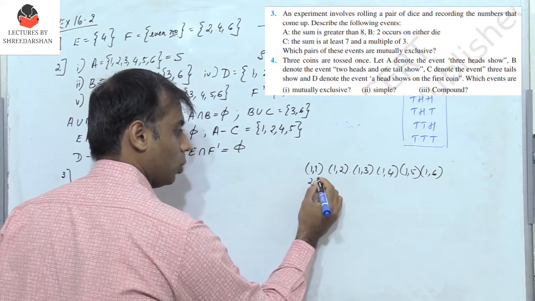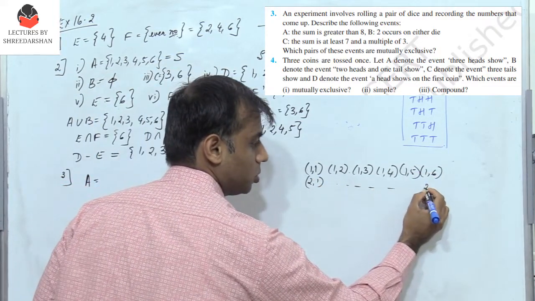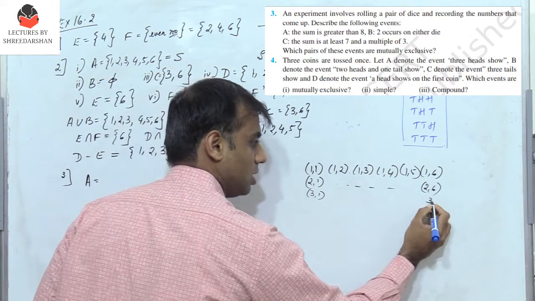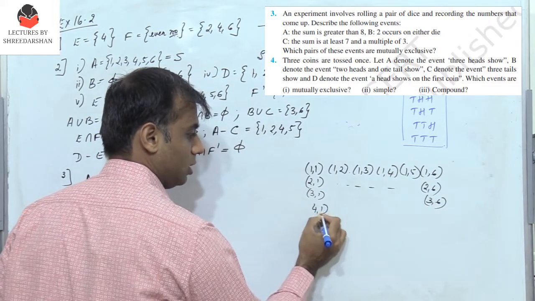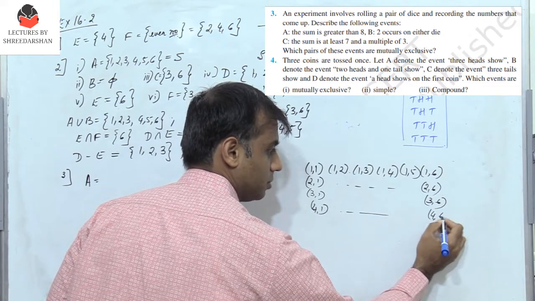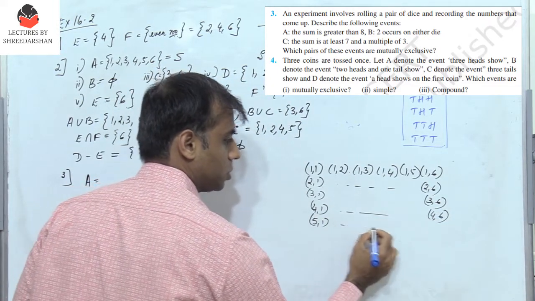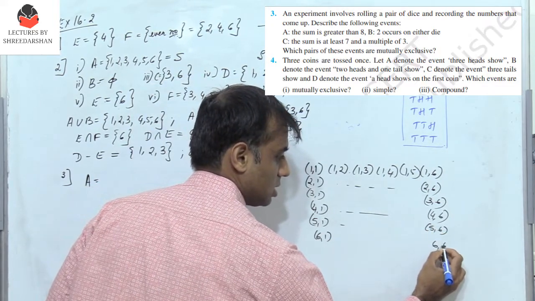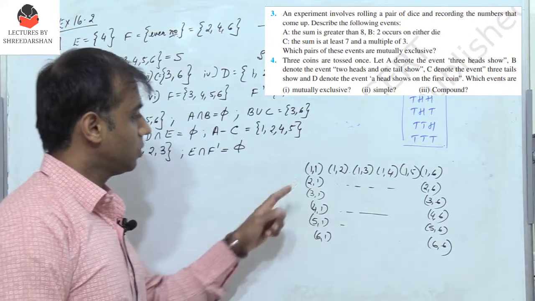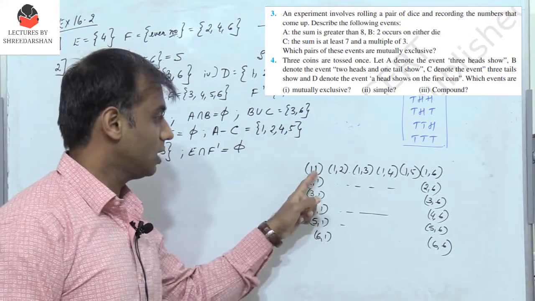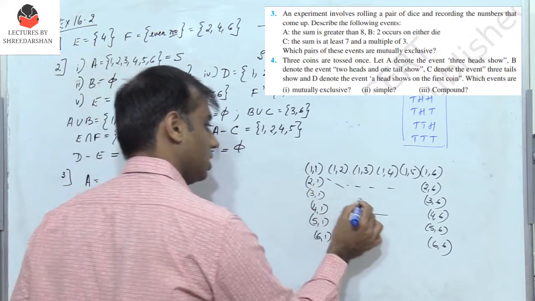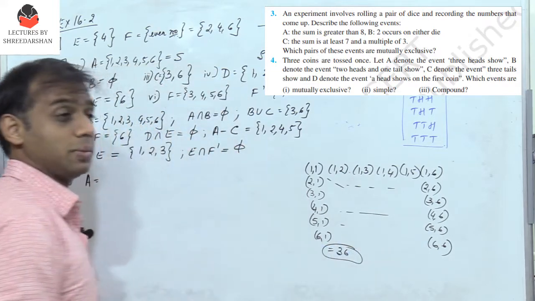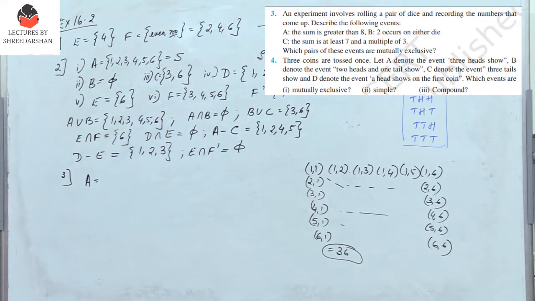Next I may get (2,1), (2,2) and so on up to (2,6), and like this (3,1) up to (3,6), (4,1) up to (4,6), (5,1) up to (5,6), (6,1) and (6,6). So this is what I get on the first die, and the next one is what I get on the second die. So how many combinations are there? You have 6 into 6. So totally 36 outcomes or possibilities are there when I throw a pair of dice.